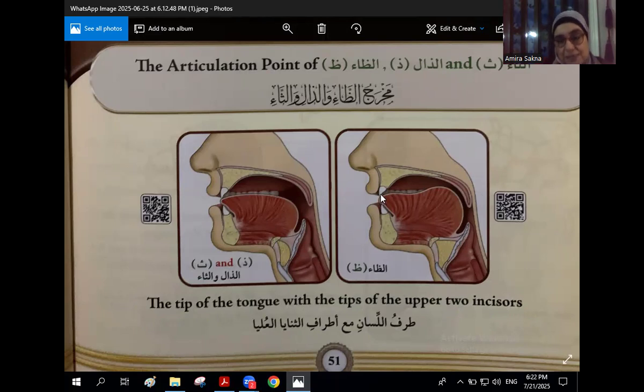Tip with the tip. Do not go forward, do not go backward. It's tip with the tip.